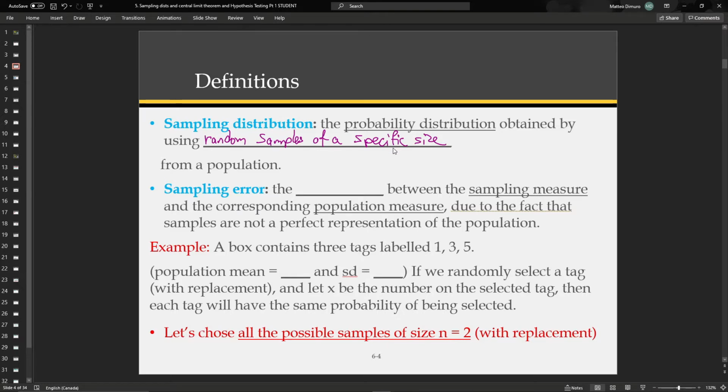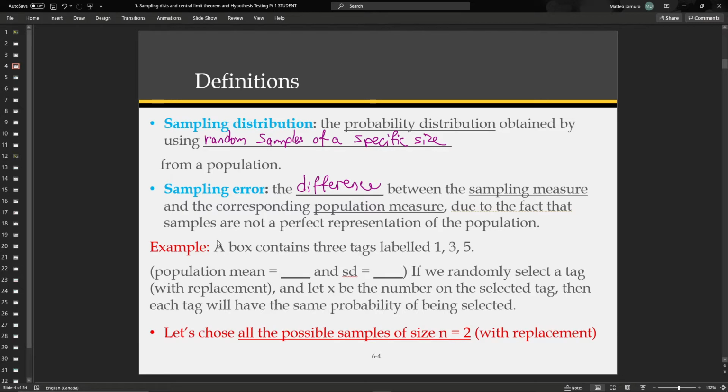Notice I'm using a nice purple pen today. Sampling error: this is the actual difference between the sample measure and the corresponding population measure due to the fact that samples are not a perfect representation of the population.